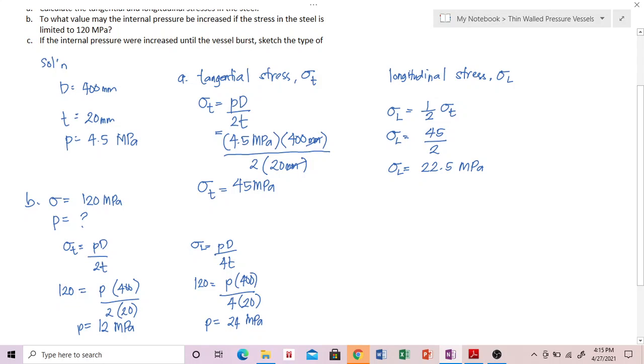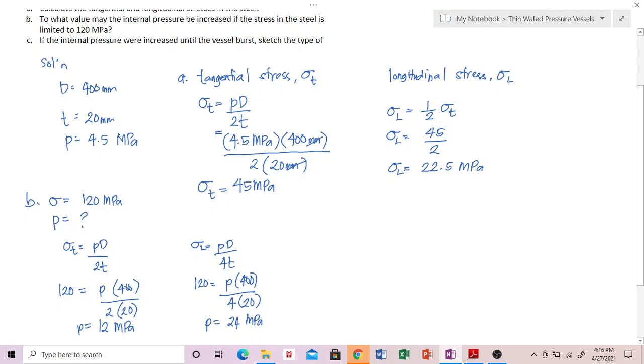Take note class, simultaneous yung nangyayari, no, simultaneously. Kapag halimbawa ang load mo naman ay, mamimili ka ngayon sa dalawa, ano yung i-consider mo na internal pressure na kung saan kaya nung vessel, tangential stress saka yung longitudinal. So ibig sabihin, kapag 12 megapascal yung load na ginamit mo, kaya noong vessel considering tangential stress.